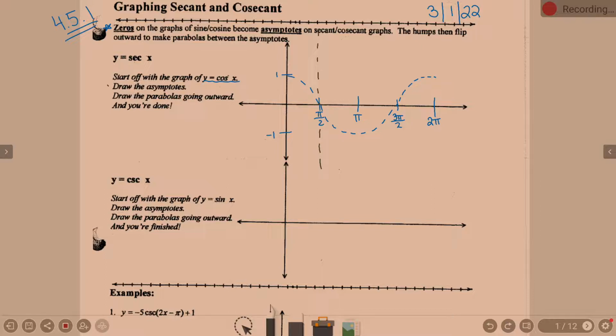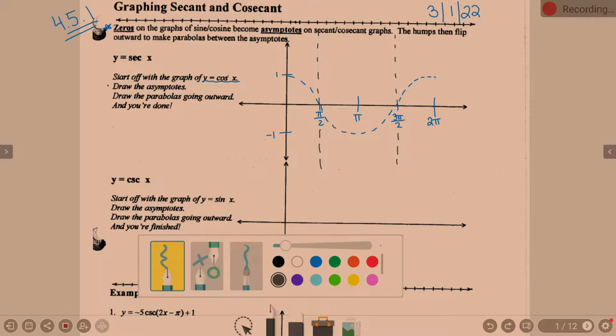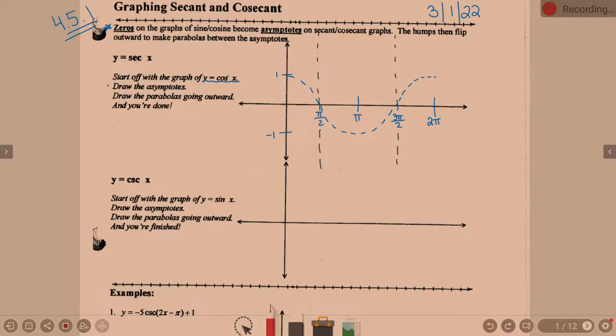There was a zero at 3 pi over 2. What am I going to have here instead? Asymptote. Next part, draw the parabolas going outward, and you're done.